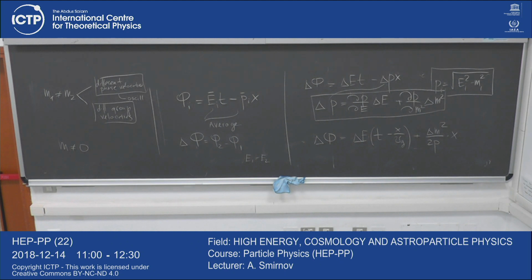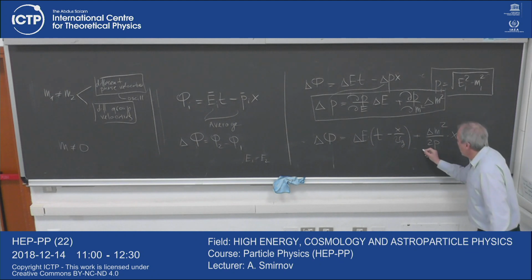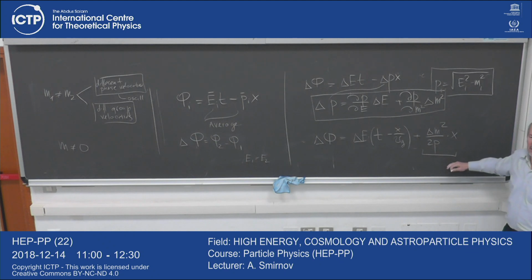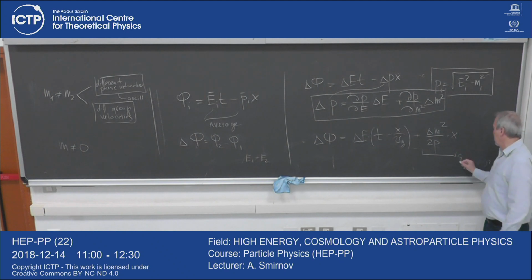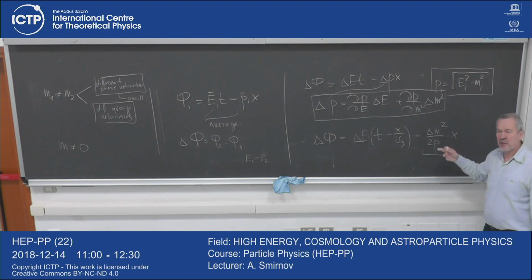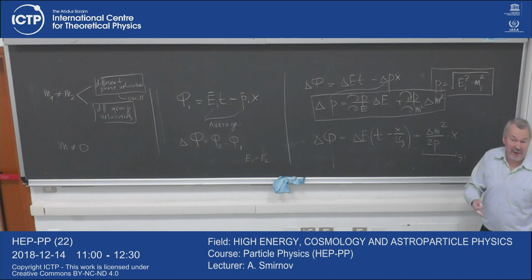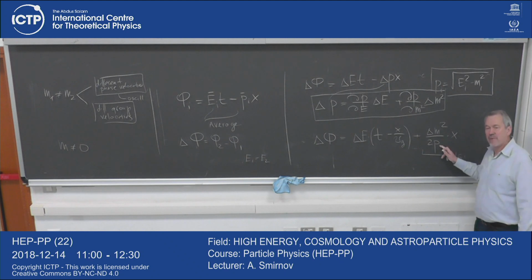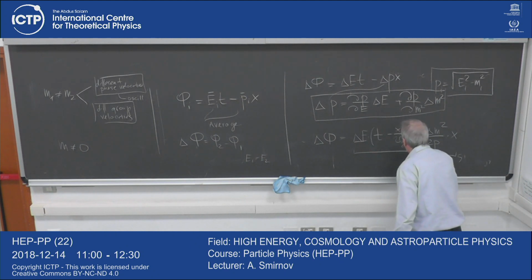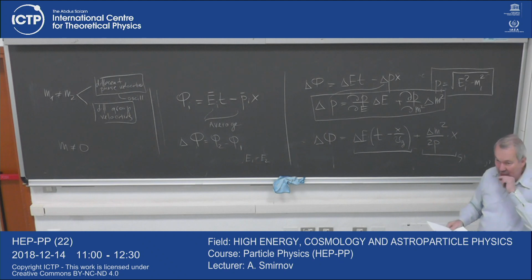Please repeat this. That's trivial stuff. This is what is usually used. Everybody is using this. This is the standard contribution to the phase difference. It is proportional to delta m squared, which is clear. If you have equal masses, then you have no phase difference. It is inversely proportional to the momentum or energy of the neutrino. But there is this additional factor, and in most cases it is very small.